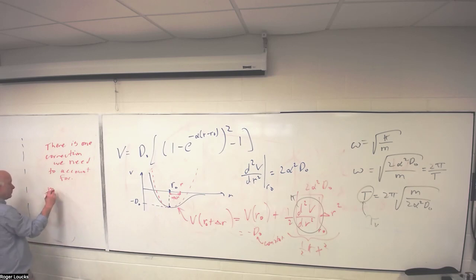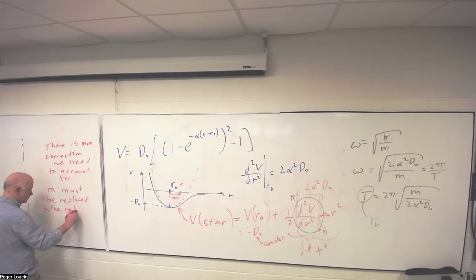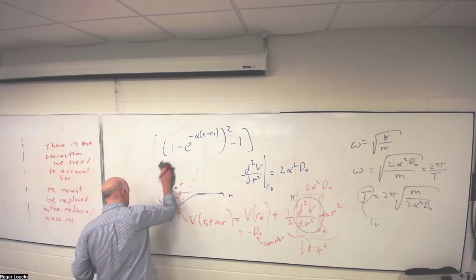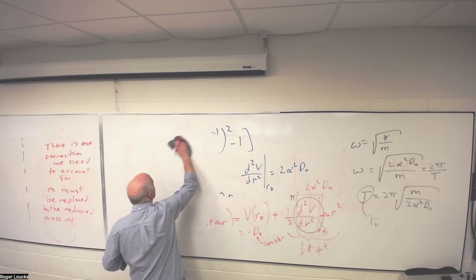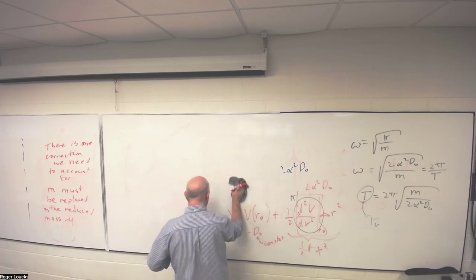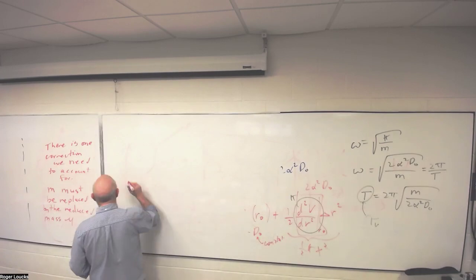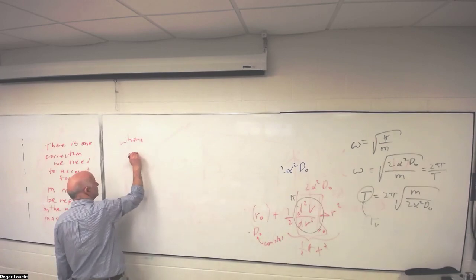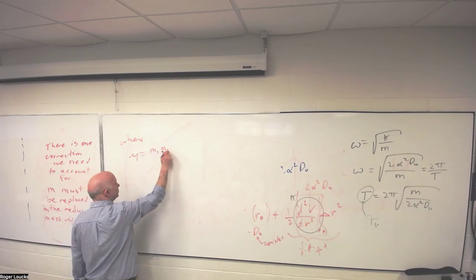M must be replaced, and I'm going to tell you why this is the case, by the reduced mass mu, where this mu is going to be M1 M2 over M1 plus M2.